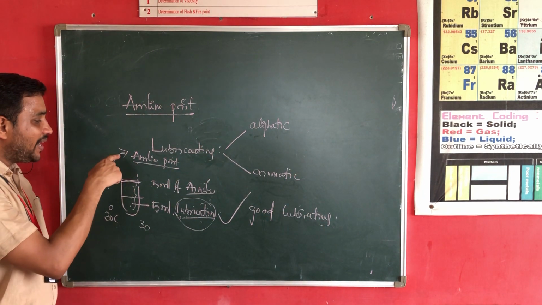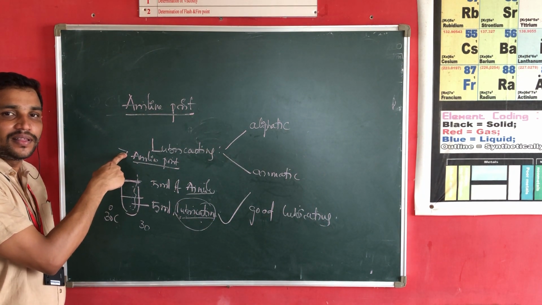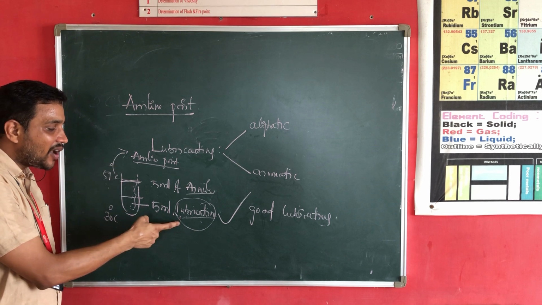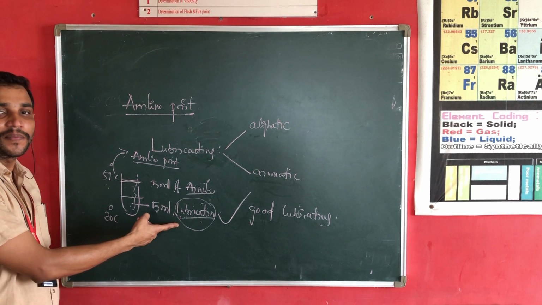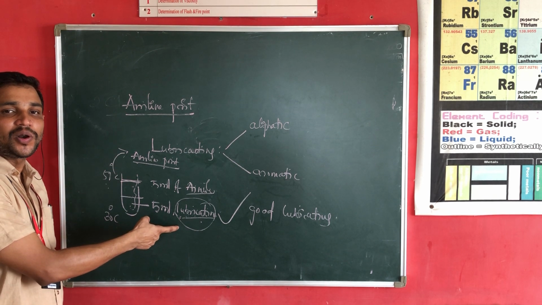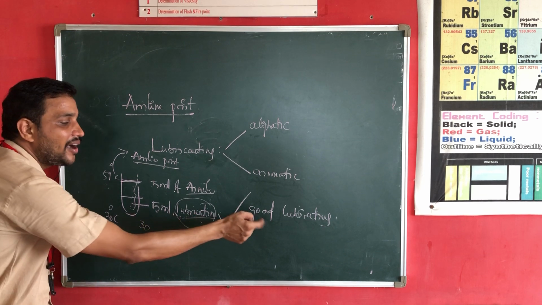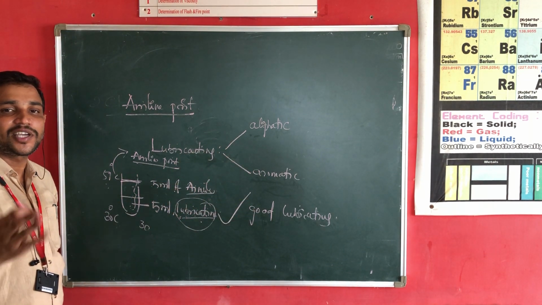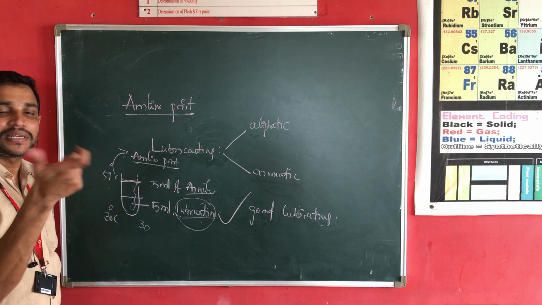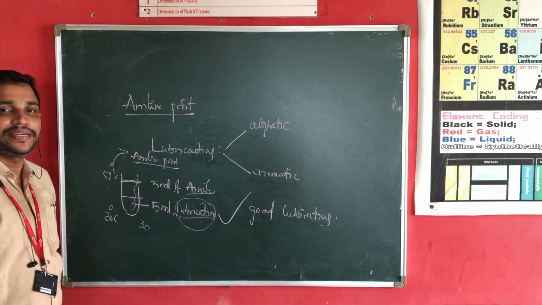So, if the aniline point is more, aliphatic hydrocarbons are more. When aliphatic hydrocarbons are more, the lubricating oil is good lubricating oil, which cannot dissolve the rubber sealings and rubber lids in it. Right?